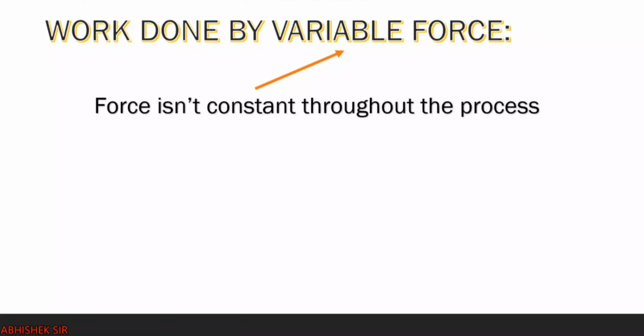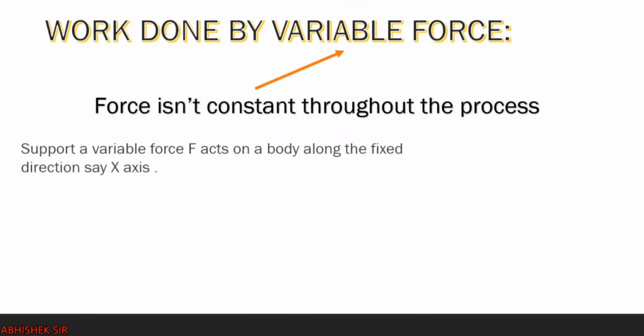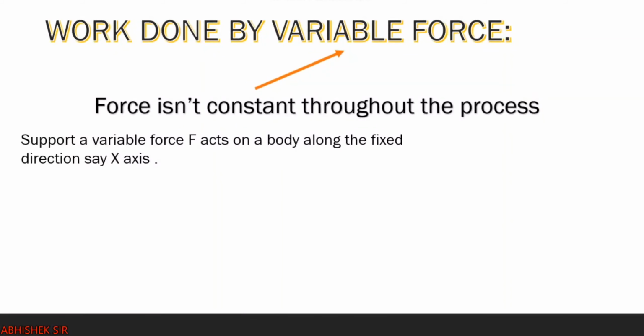But in that case, the force was only 10 newton or whatever newton, constant throughout the displacement. But what if work is going on and the force keeps on changing? How shall you find out the work done, because the force is not the same throughout the process?